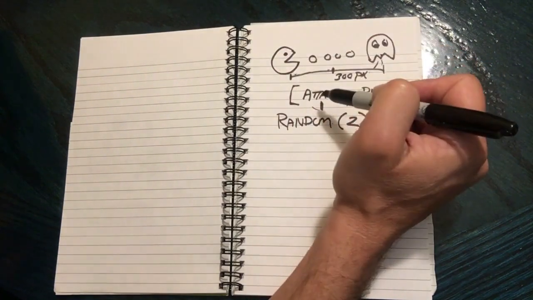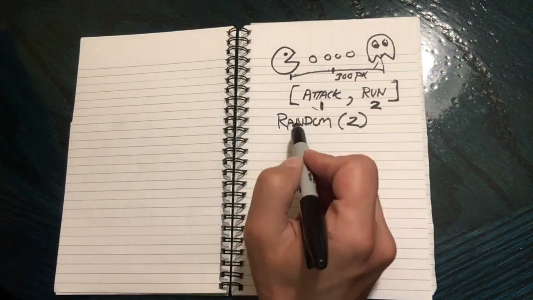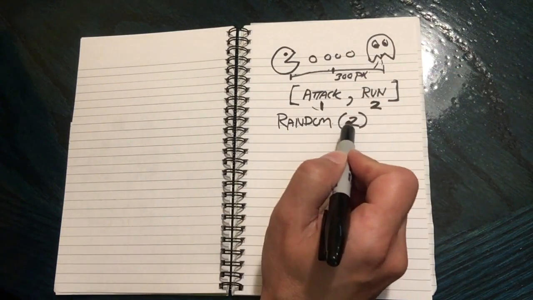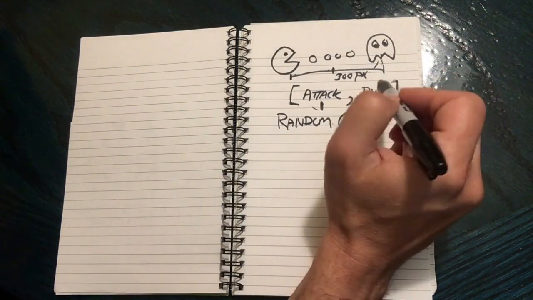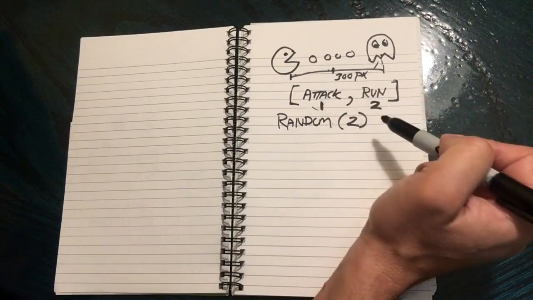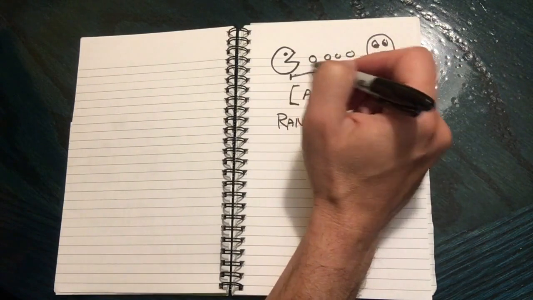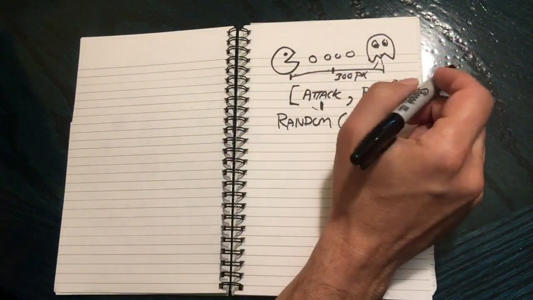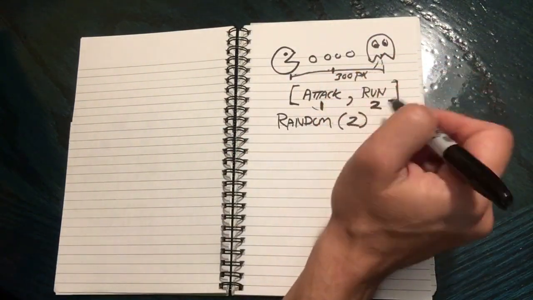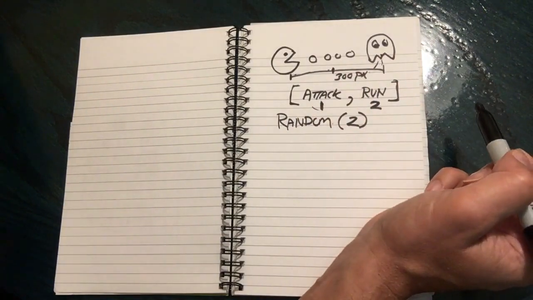So now it's following Pac-Man. If instead our random number was 2, we would choose run. So what does run mean? Well, it means figure out where Pac-Man is and go in the opposite direction. So move in the opposite direction because now you're running away.